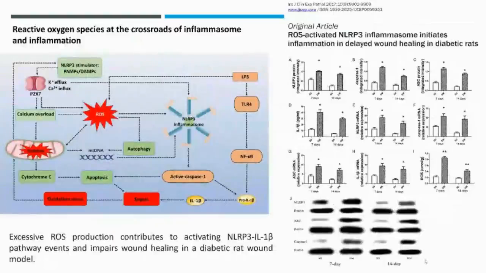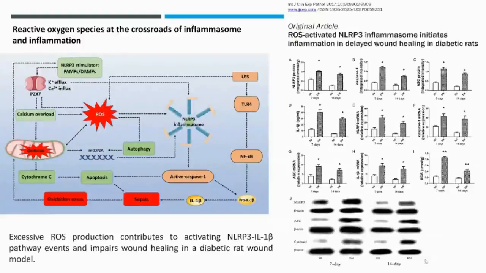So now I want to link the ROS profile that we have discussed so far to the inflammatory component as well. Inflammation driven by ROS involves some of the mechanisms that I will be discussing in the next few slides. More recent studies have focused on innate immune sensing receptors and their role in inflammation as well as in disease processes similar to chronic non-healing wounds.